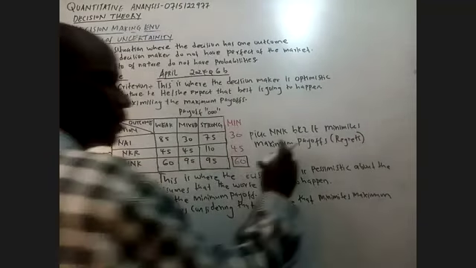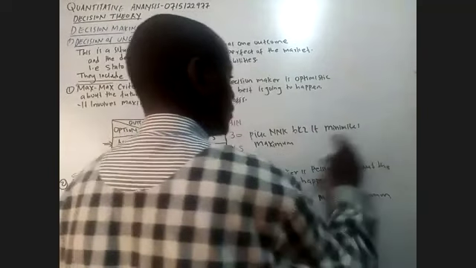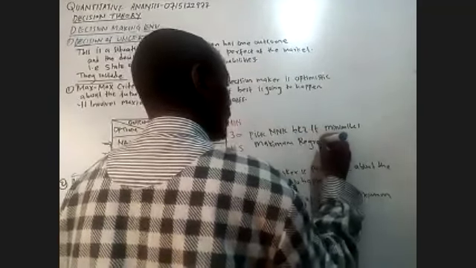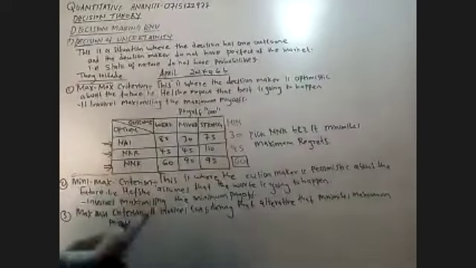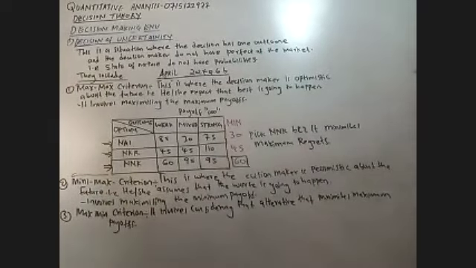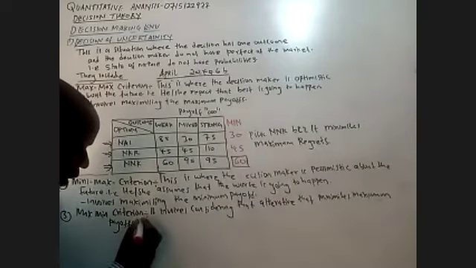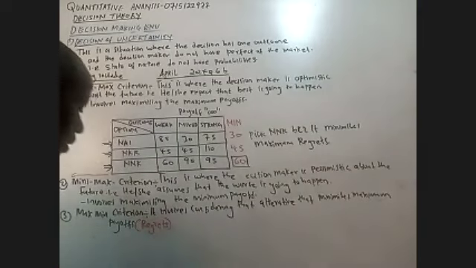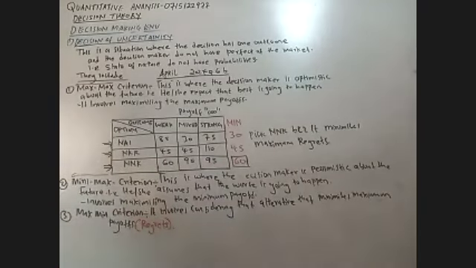It minimizes the maximum regrets. So without coming with the regrets, you choose Nanyuki because it minimizes the maximum payoff. In fact, our payoff now here is the regrets. You can use the word regrets.